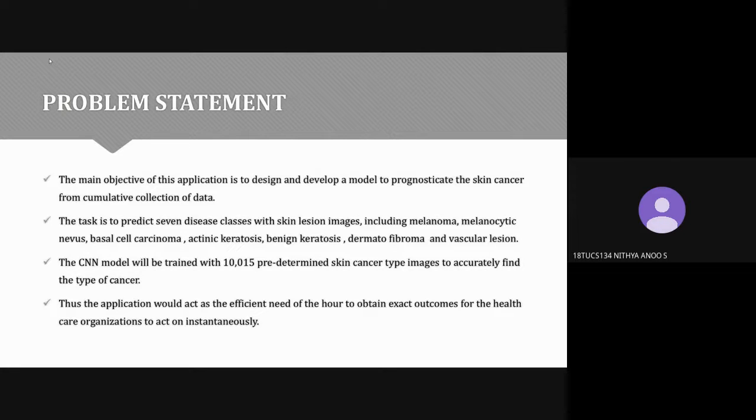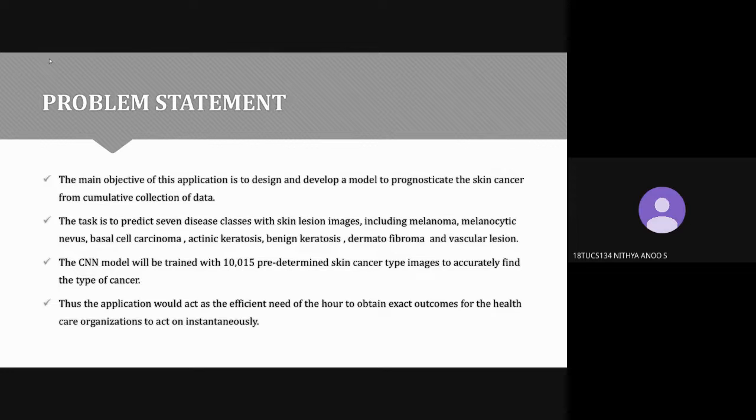Skin cancer, or dermatoscopy, is one branch of bioscience which requires proper diagnosis and a costly method to predict the diseases. Through this algorithm, we aim to predict 7 classes of diseases such as dermatofibroma, actinic keratosis, melanoma, melanocytic lesion, and so on, and classify the images based on these 7 classes.